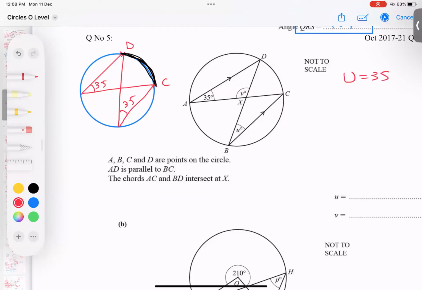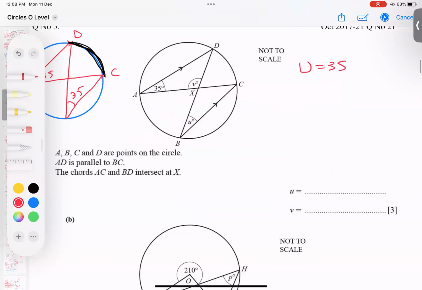He did not ask for a reason, but if he asks for a reason: angles in the same arc are equal. So I think the idea is very clear.